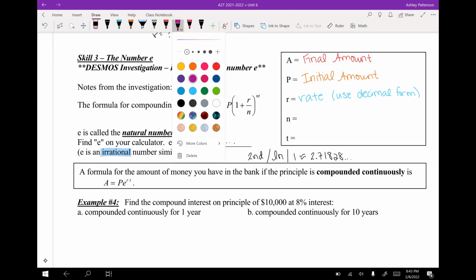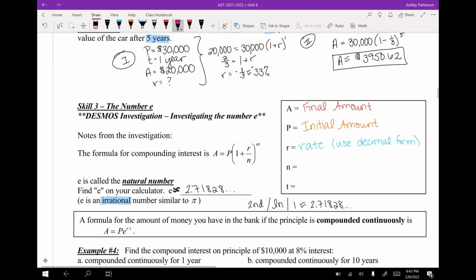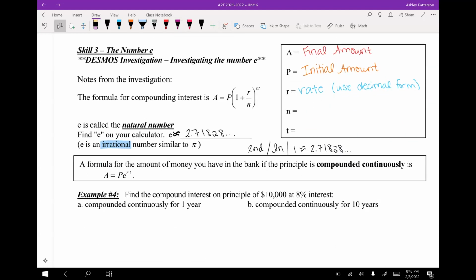N is the amount of times that the interest is compounded annually.